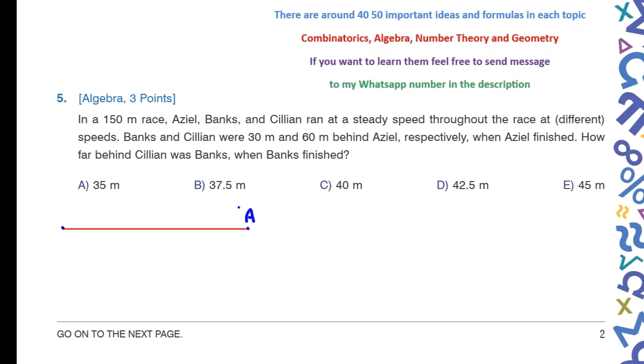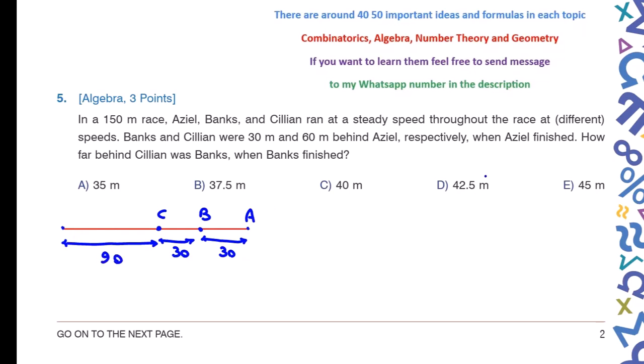So Aziel here. Let's call Banks B, 30 meters here, and C, 60 meters. This one is 30 meters, and this one is 150 minus 60, 90 meters.